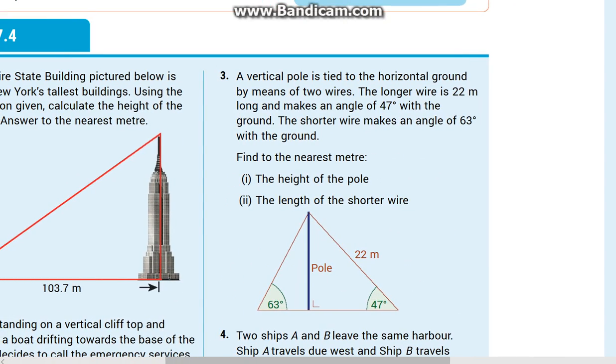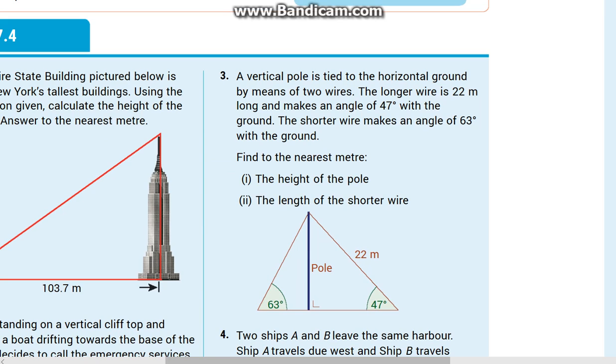Question 3. A vertical pole is tied to the horizontal ground by means of 2 wires. The longer wire is 22 and so on. So what they want us to find is first the height of the pole. So just focus on the right hand side, right angle triangle, and you'll be able to find the height of that pole. Label your triangle, fill out what trigonometric ratio you're going to use.